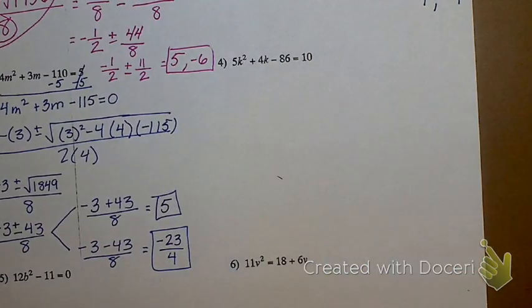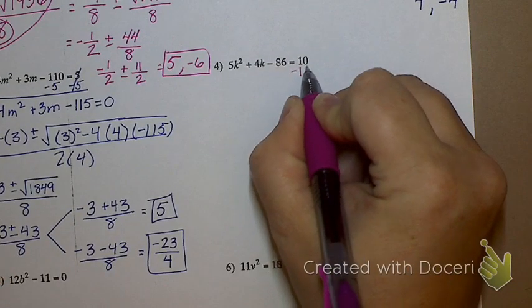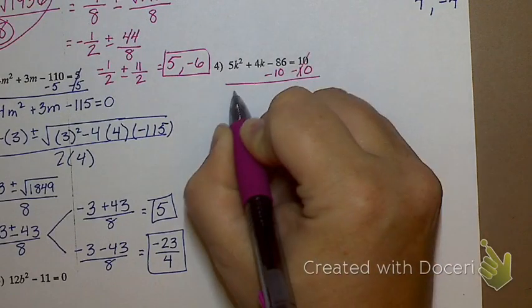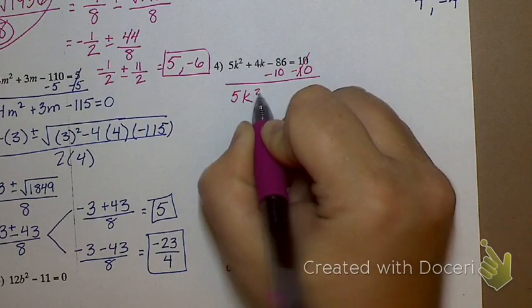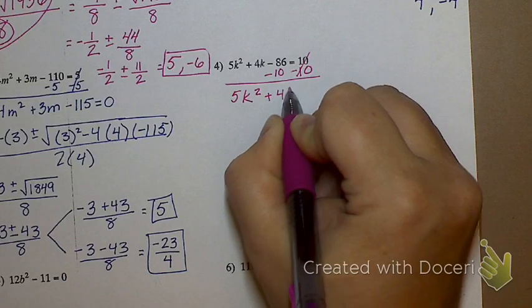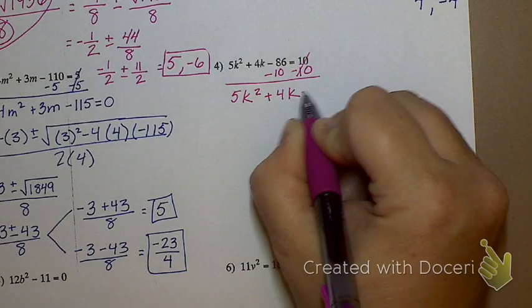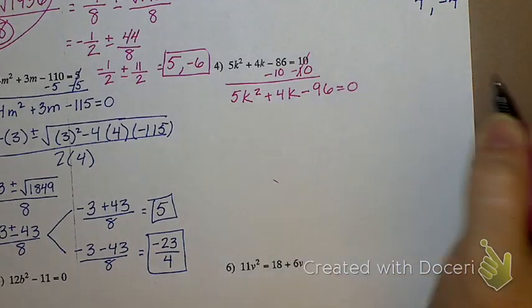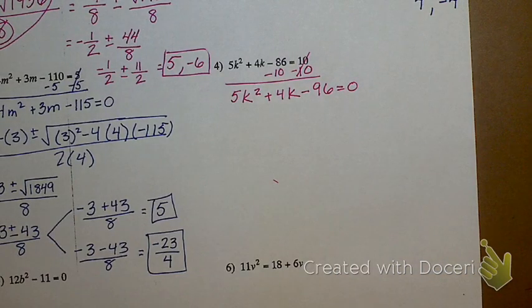No. What do I need to do to get it in standard form? I need to move the 10 over. So I'm going to subtract 10, and that gives me 5k squared plus 4k minus 96 equals 0. So we're in the correct form because we've got the equals 0.